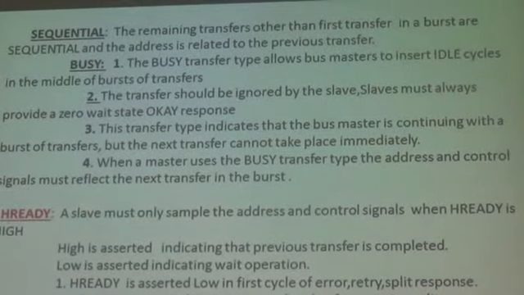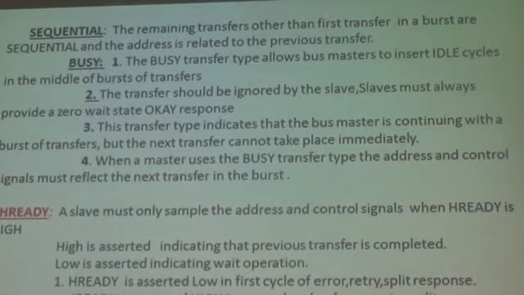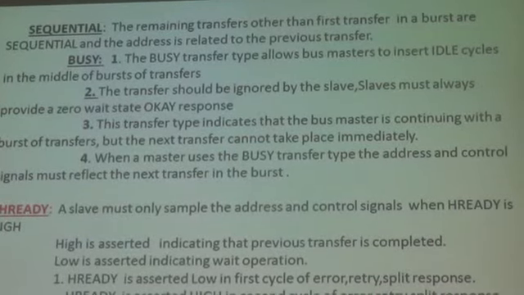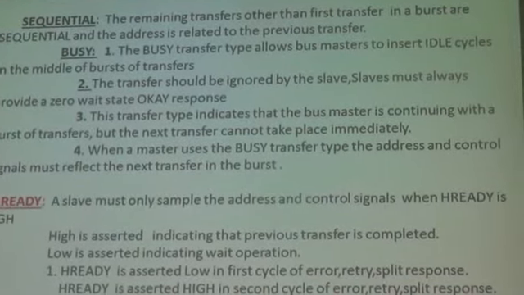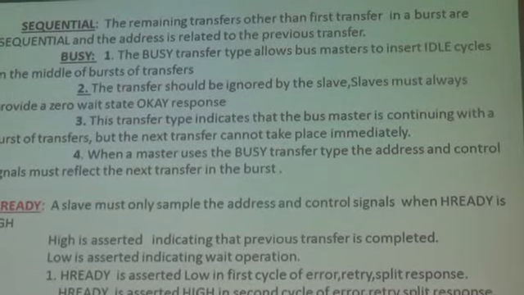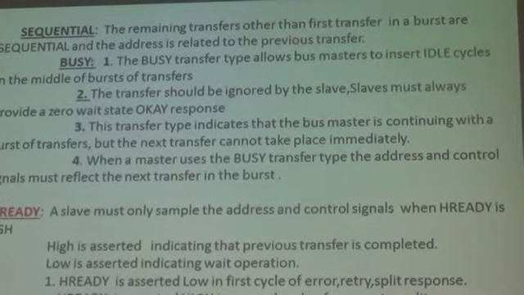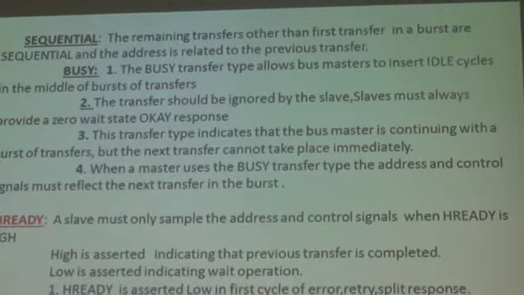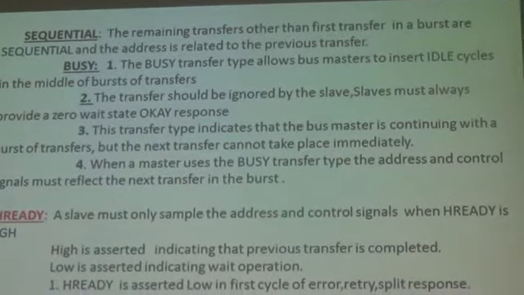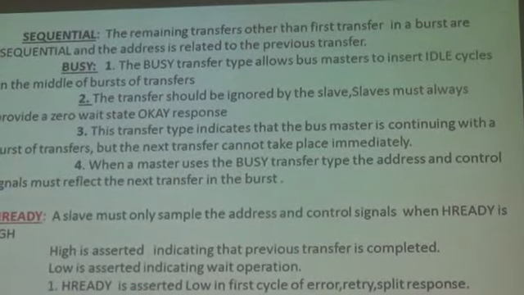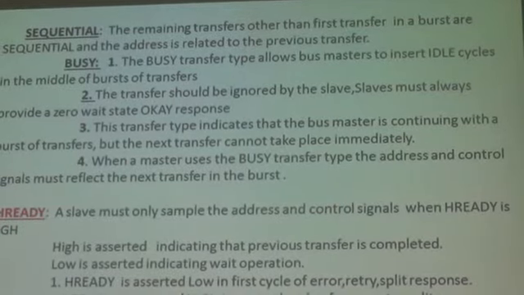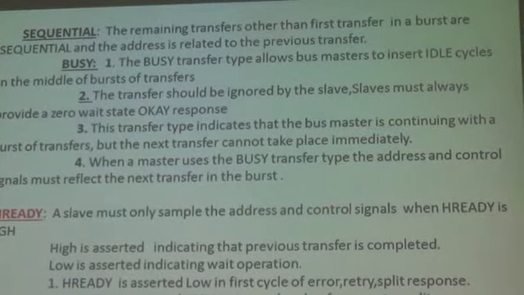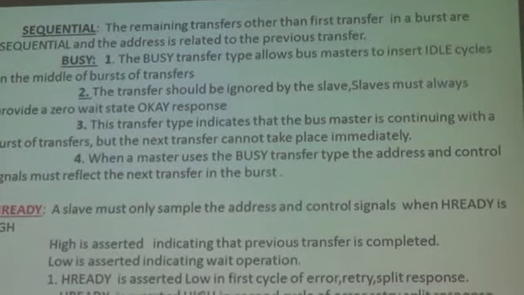It accesses the bus, but it indicates that the next transfer cannot access the bus immediately. It takes some time. That is busy. Whereas in idle, it intentionally does not want to access the bus. Whereas in busy, it wants to access the bus, but it takes time for the next transfer to complete. That is busy.